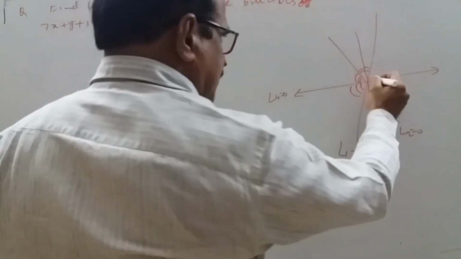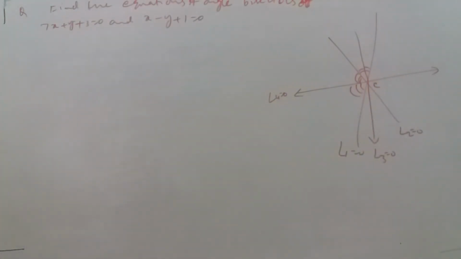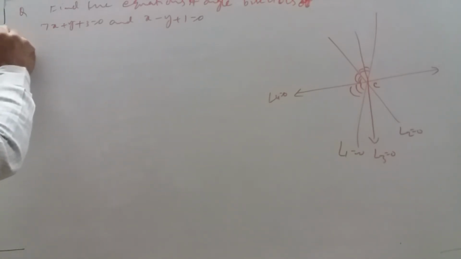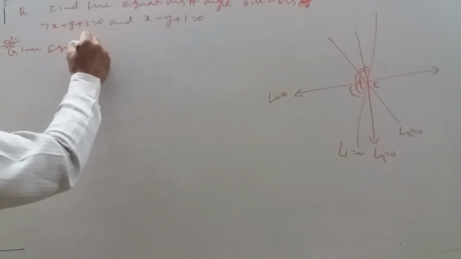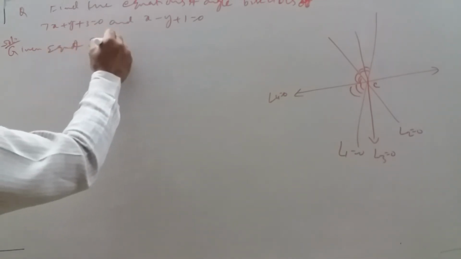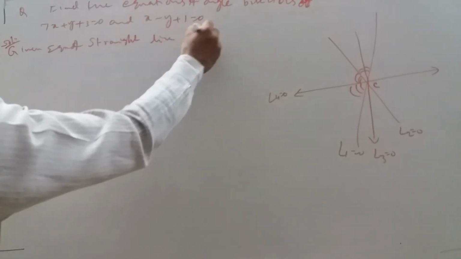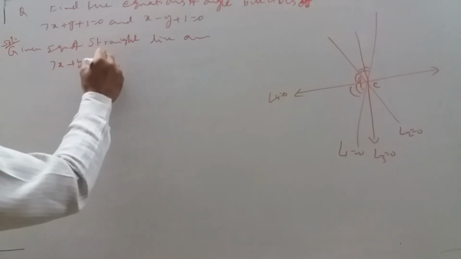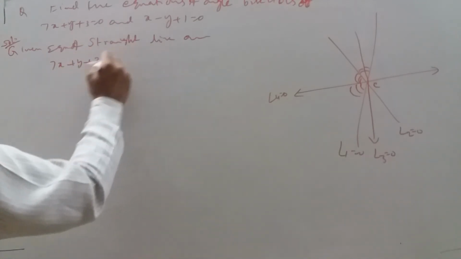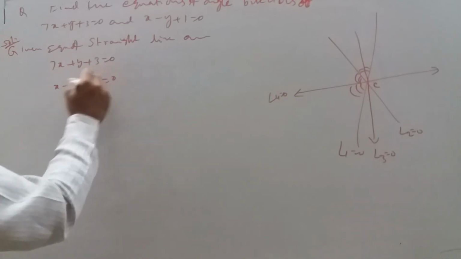Okay. In that way, we have to find the equations by using that. Given equations of straight lines are 7x + y + 3 = 0 and x - y + 1 = 0.